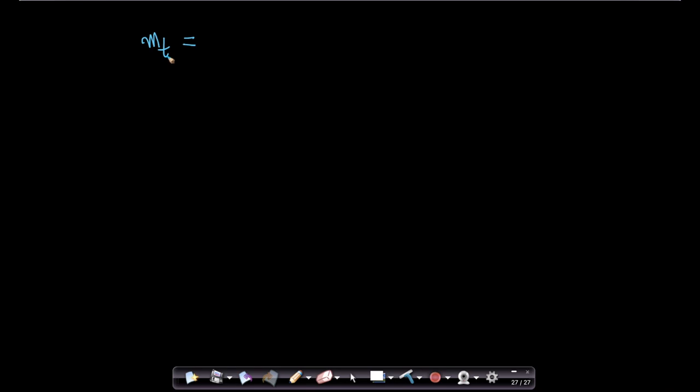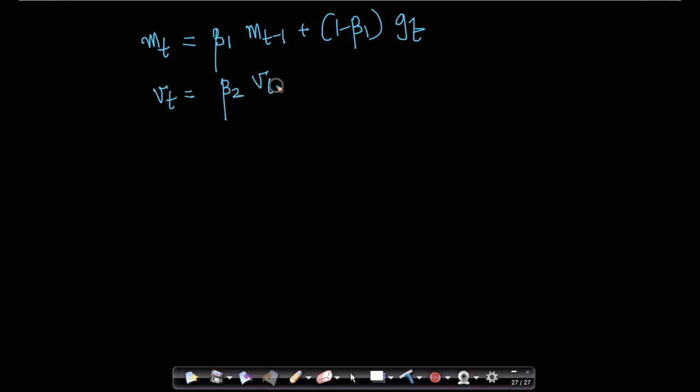So the mean at time t, corresponding to the first order moment, is m_t = beta 1 times m_{t-1} plus (1 minus beta 1) times g_t. Very simple, right? Similarly, variance at time t is v_t = beta 2 times v_{t-1} plus (1 minus beta 2) times g_t squared.